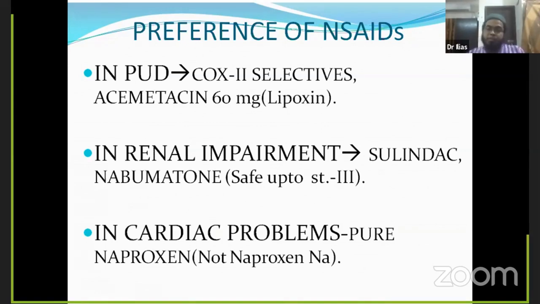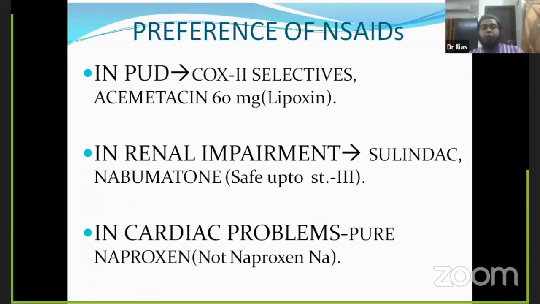Pure naproxen is safe for the cardiac patient because it doesn't have any fluid retaining capability from the distal convoluted tubule. So ultimately, pure naproxen won't increase the afterload of the heart. So in a heart failure or cardiomyopathy patient, where prescription of an NSAID is mandatory, you can prescribe naproxen. Pure naproxen can be safely prescribed to cardiac patients.